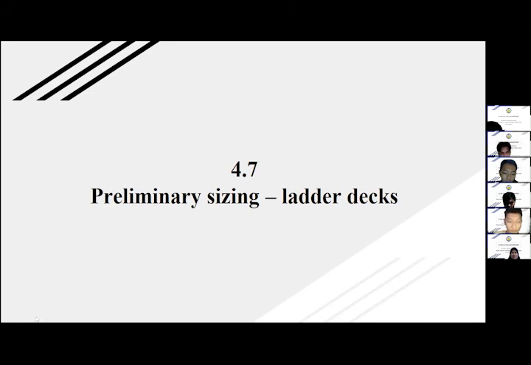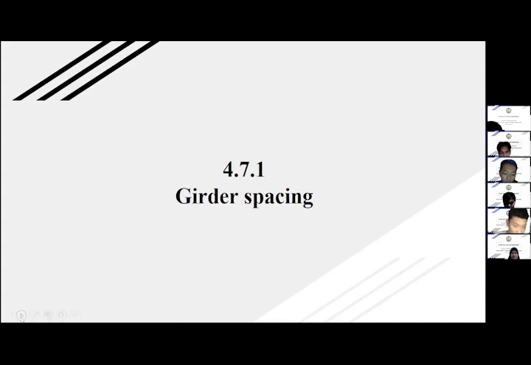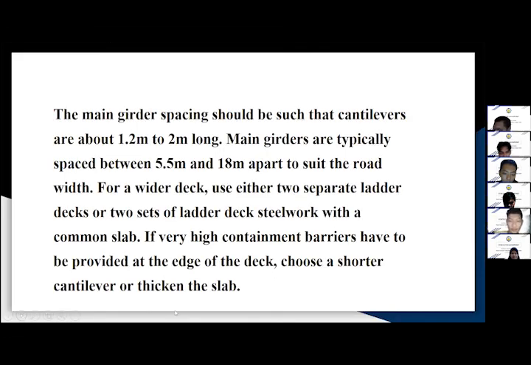4.7 Preliminary sizing of ladder decks. 4.7.1 Girder spacing. The main girder spacing should be such that cantilevers are about 1.2 meters to 2 meters long.